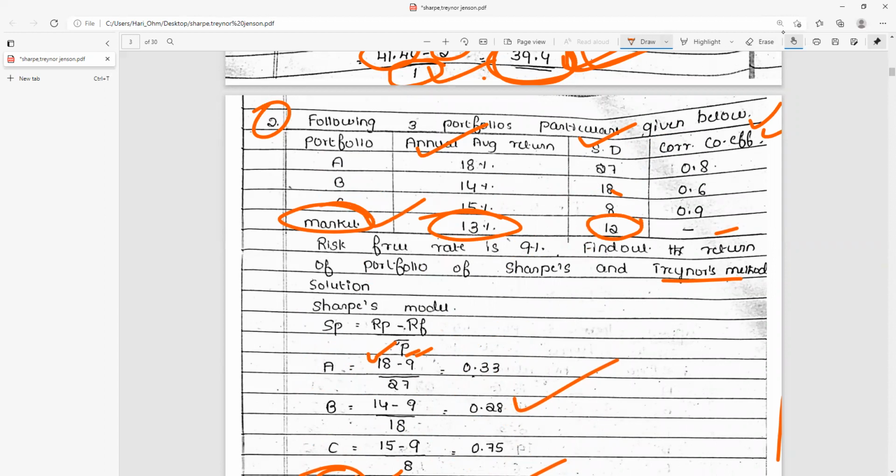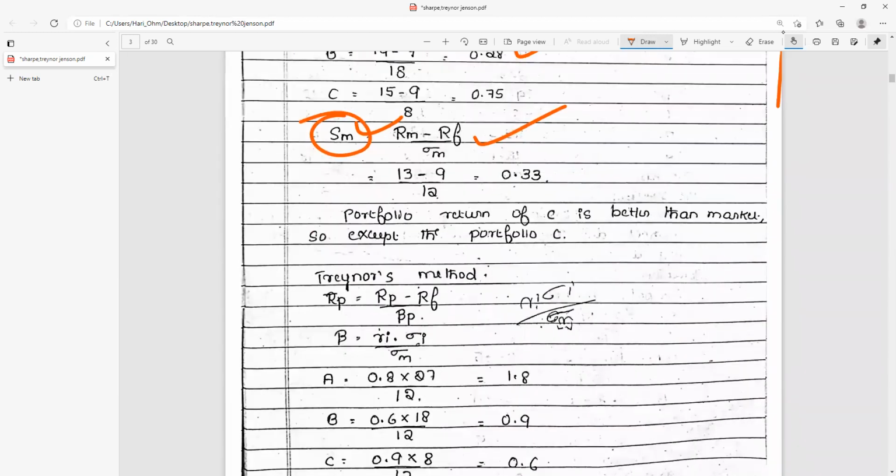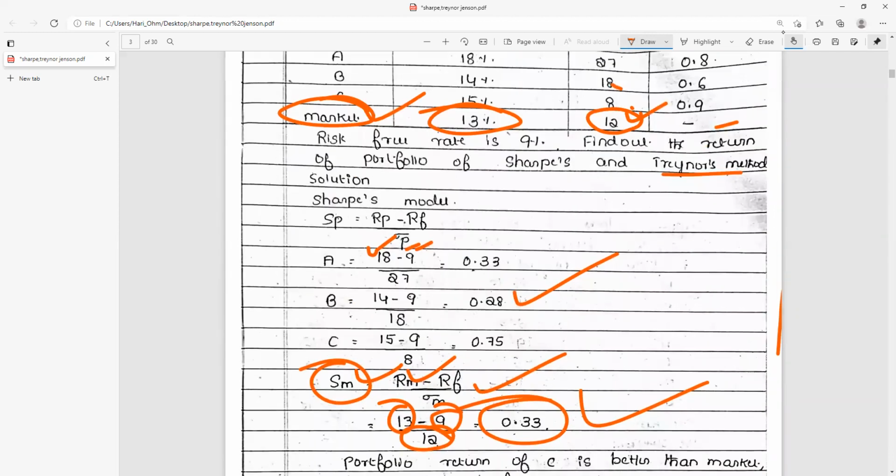So RM is 13 minus RF is 9, divided by standard deviation M, 12. The answer is 0.33. Like the last problem, you have to work it out. There are no changes as far as Sharpe's model is concerned.